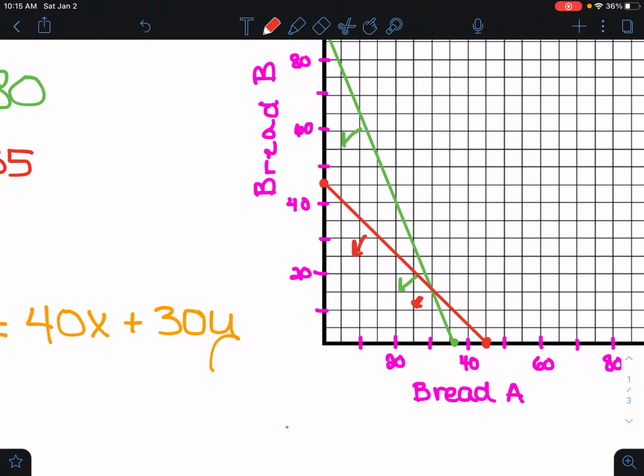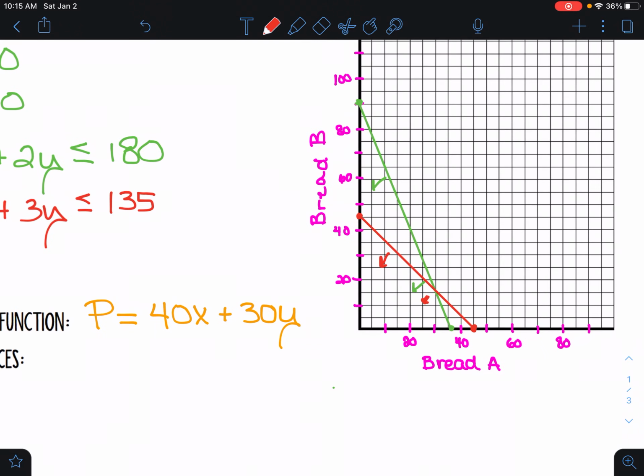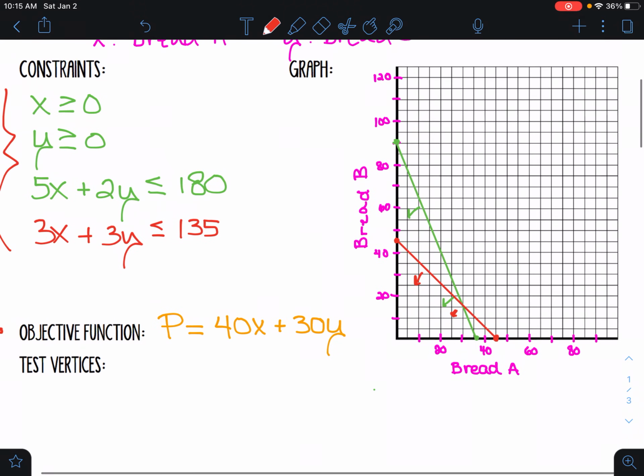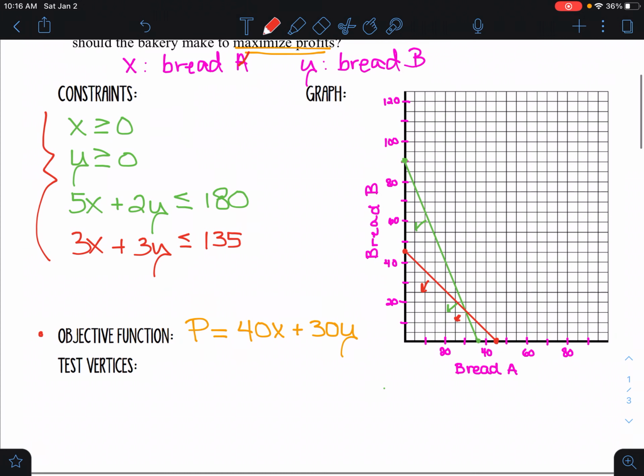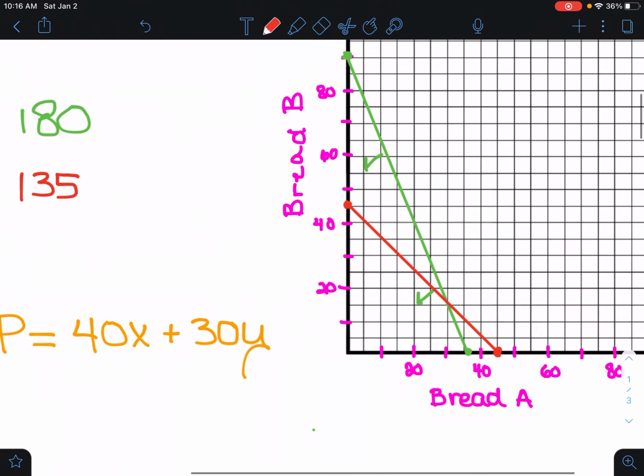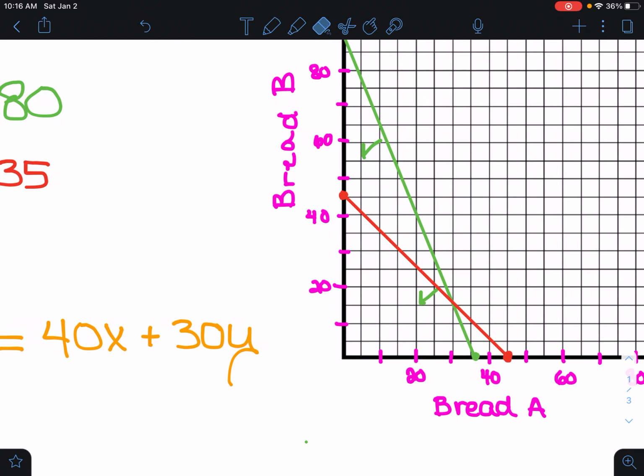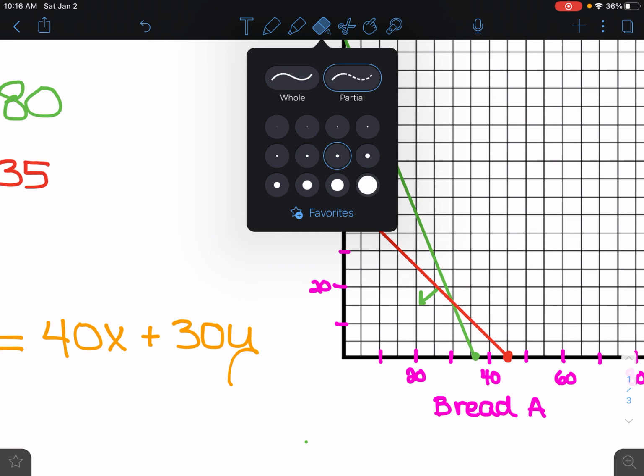Okay, and then what we're really looking at is this area kind of right in here. So I want to shade that. Before I do that, I think I'm going to get rid of my arrows there and need to use a little bit smaller one.